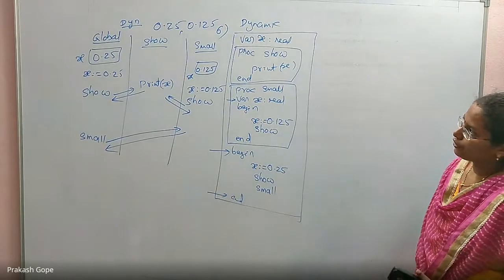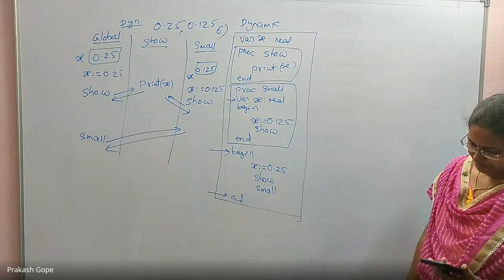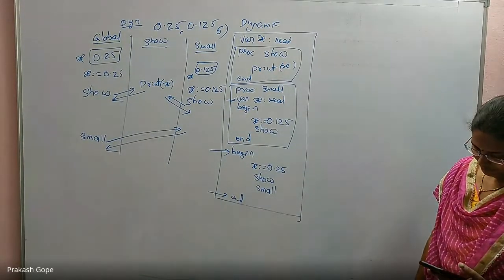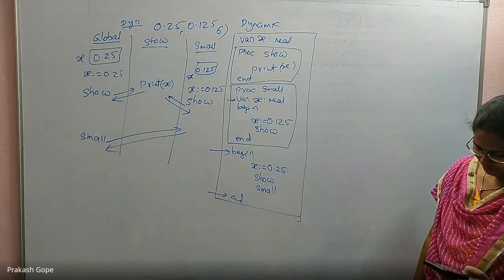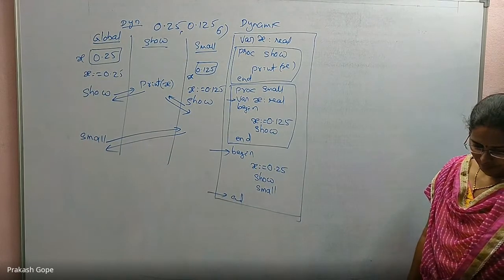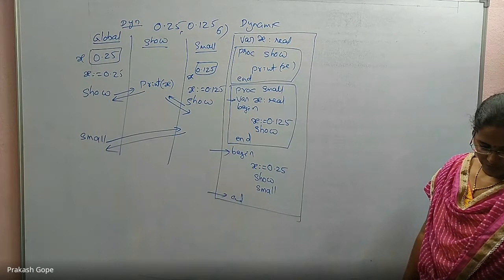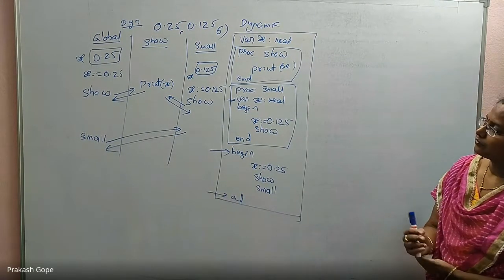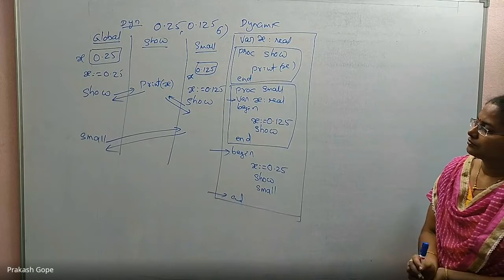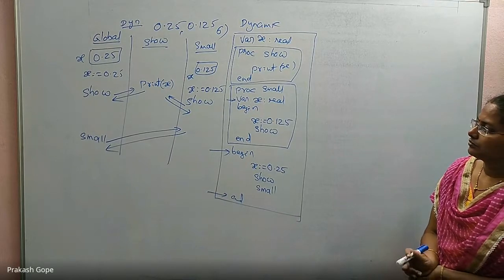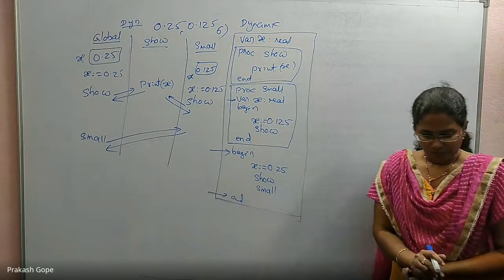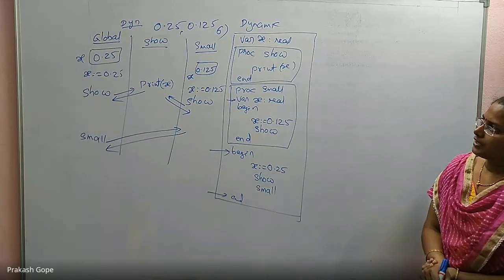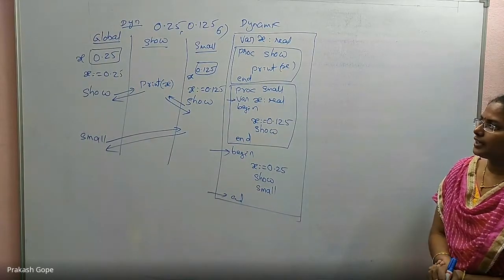Point 0.125 is the answer. It's clear, right? Static and dynamic scope.